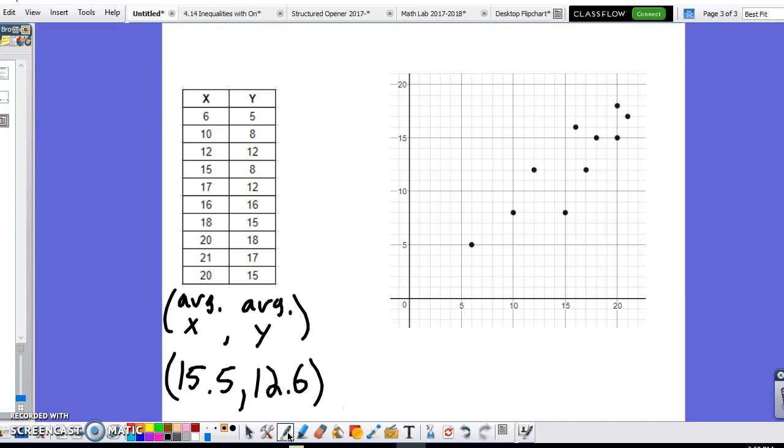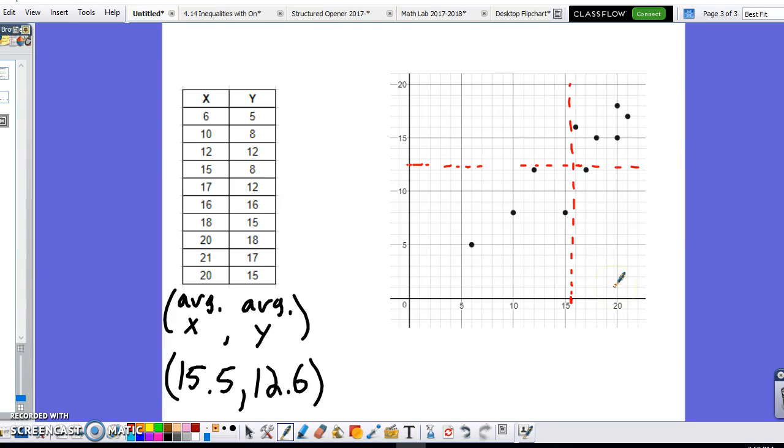Okay, so this is super important. This is like where all the data balances together. So we're saying on the x-axis at 15 and a half, all of the data values I have kind of average out to being right here on the x-axis. The y values average out to about 12.6 on the y.